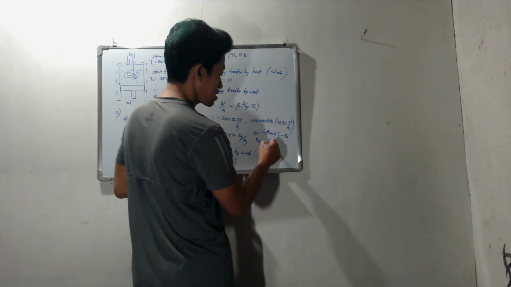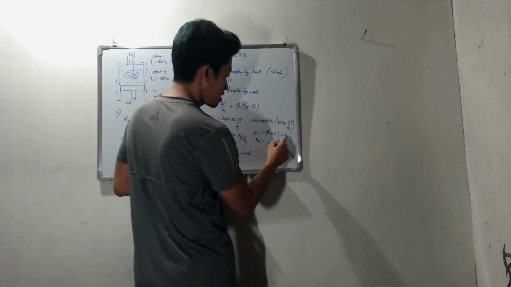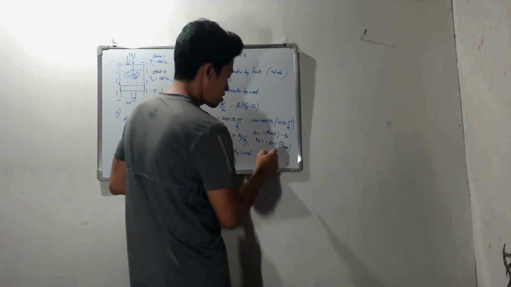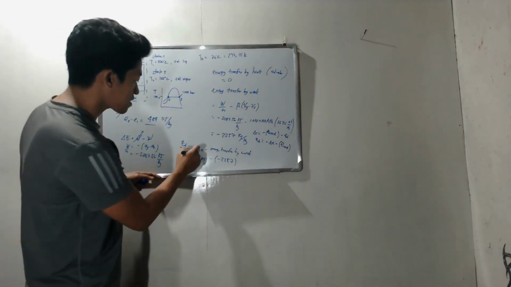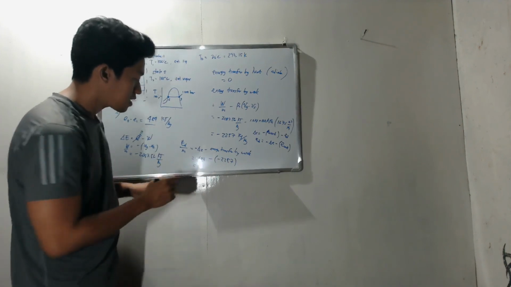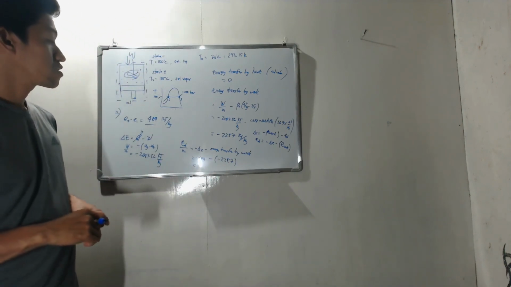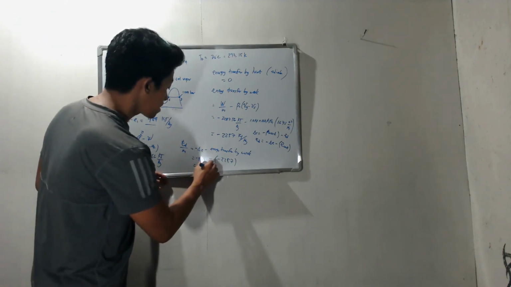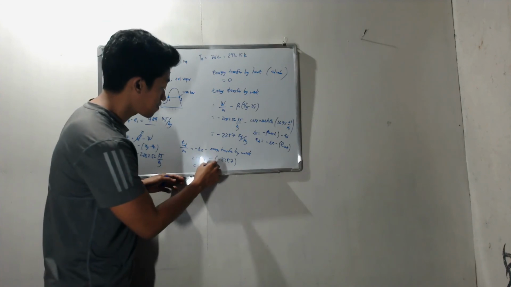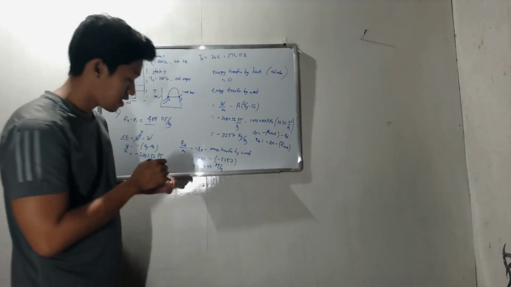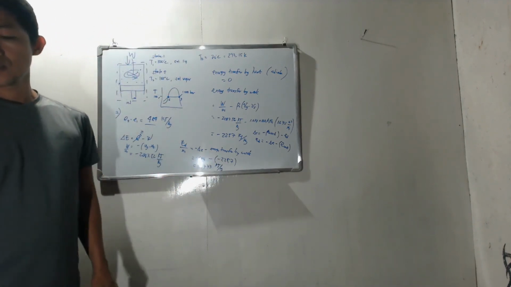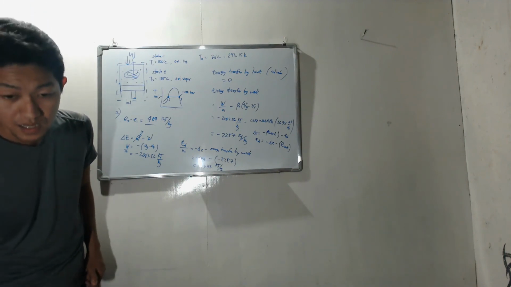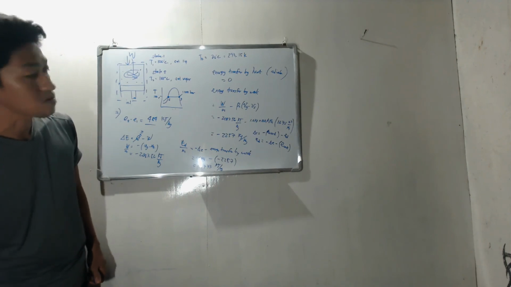Negative also. So the answer should be positive 1773 kilojoule per kilogram. Okay? So that's it. Later on we will proceed with open systems.